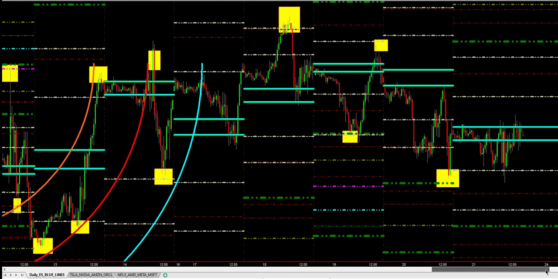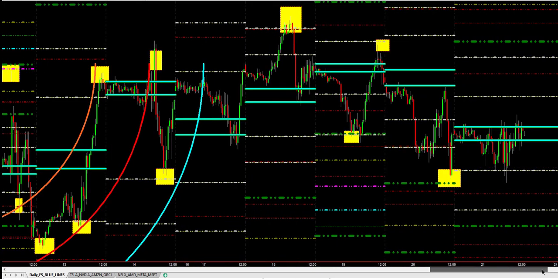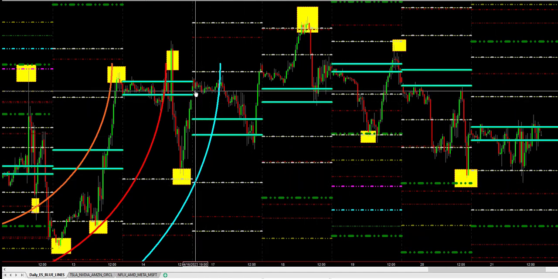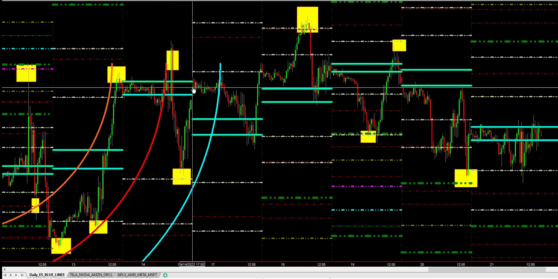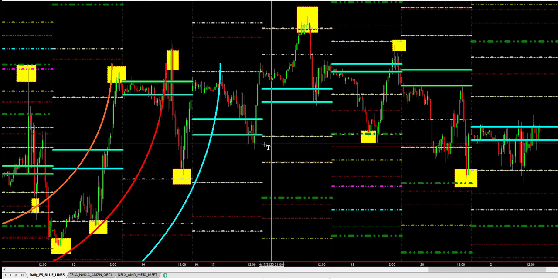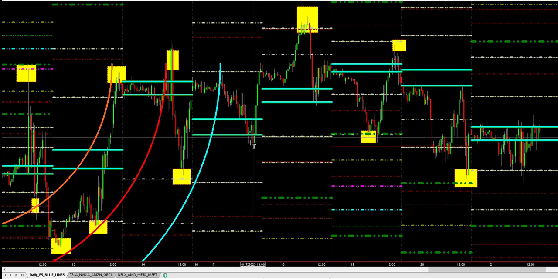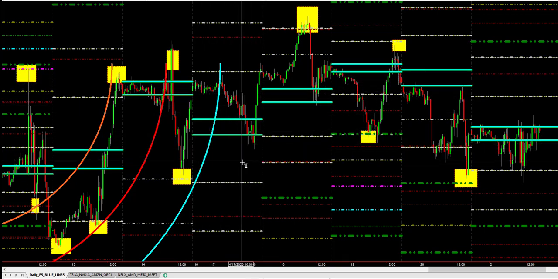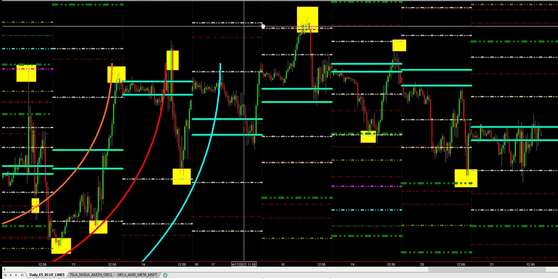So let's check it out. 1, 2, 3, 4, 5. Right here, the opening was 41, whatever the opening I took, and then it will tell you very closely if the Monday low was made or the high was made.